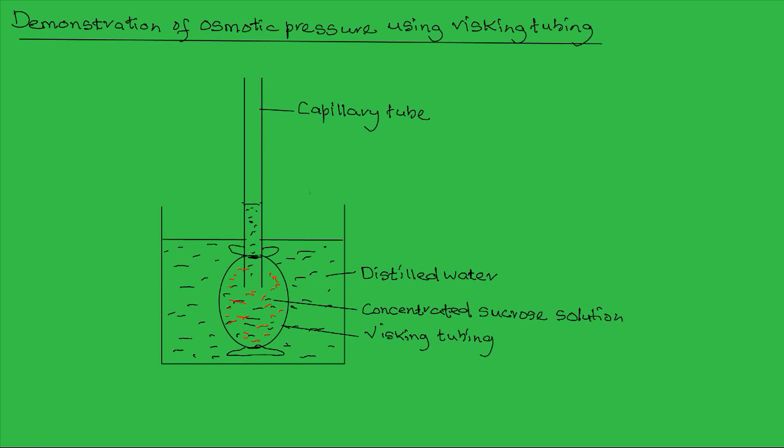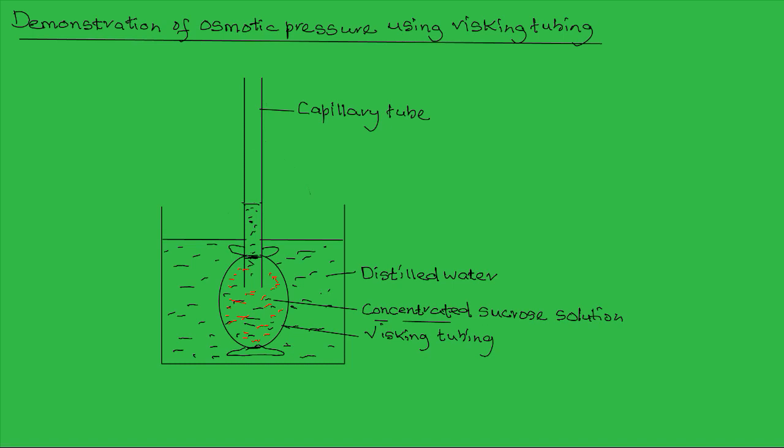The Visking tubing is then immersed in distilled water. Now, after some time, it is observed that the level of the sucrose solution rises up the capillary tube to a new level.